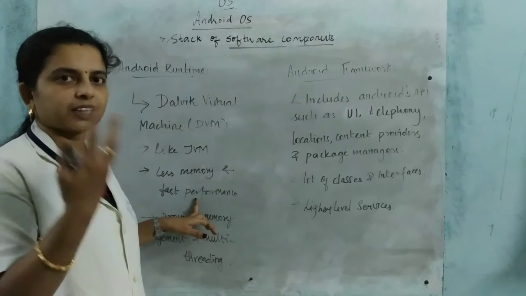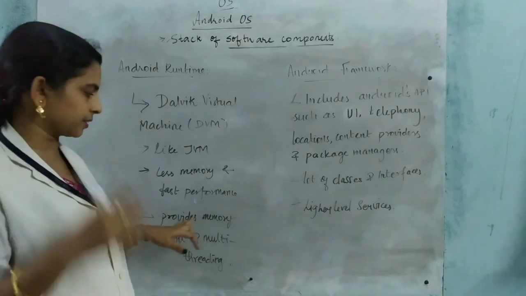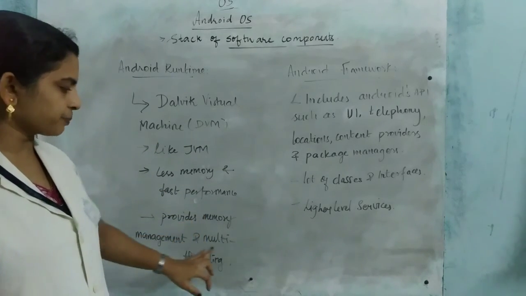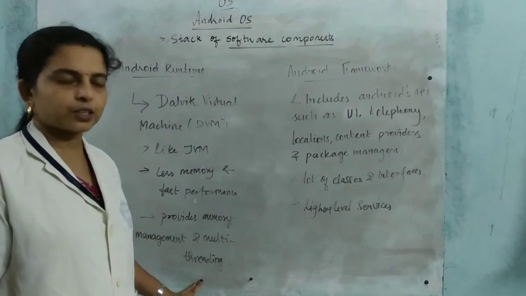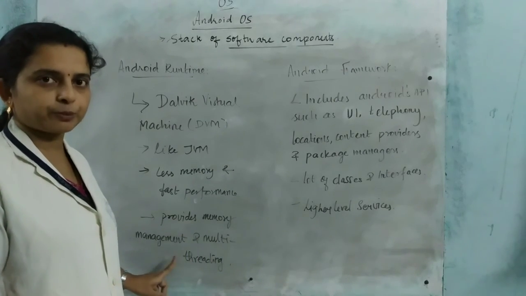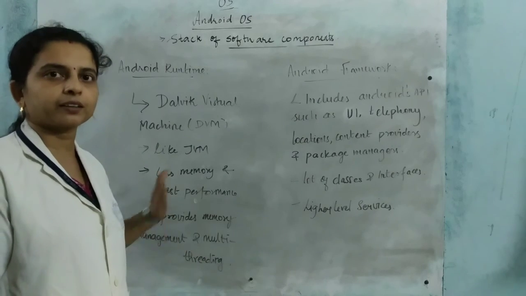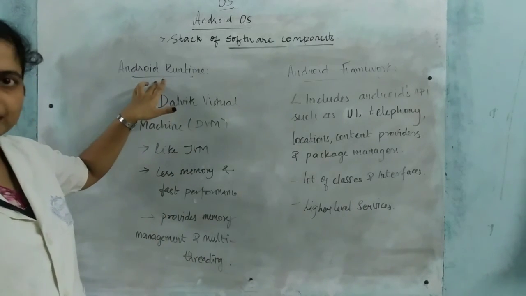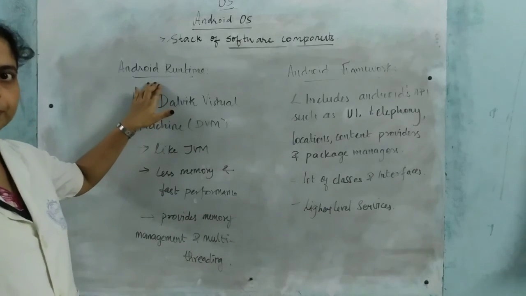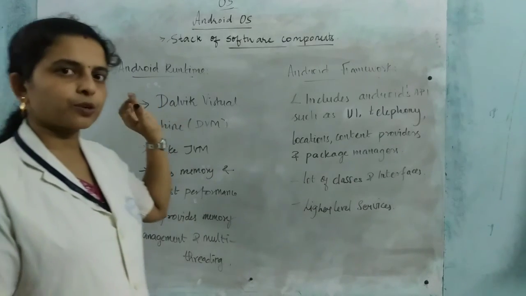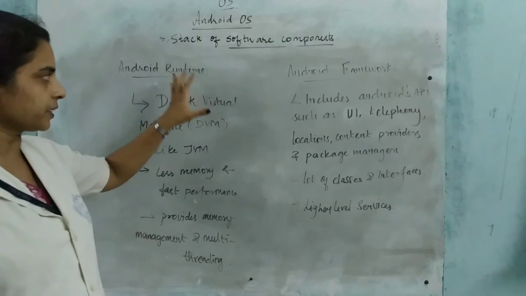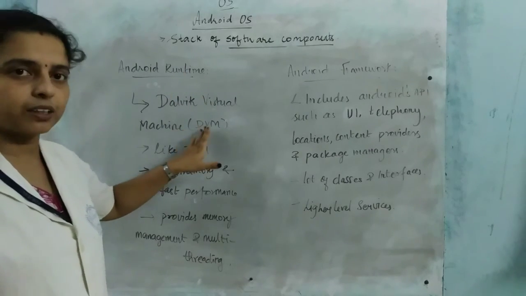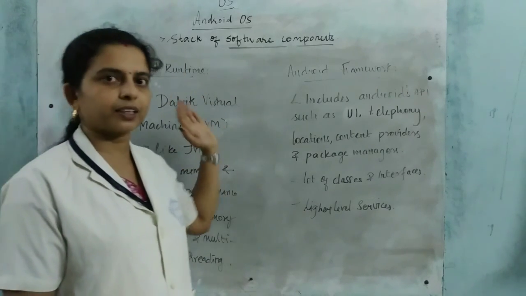When comparing to the JVM, here the performance is faster. Then it provides memory management and multi-threading. So you may all know memory management and multi-threading. At the same time, you can do so many processes. So these are the functionalities done by the Android runtime. So if you are coming under the concept of runtime, you have to remember the DVM, Dalvik virtual machine, similar to the JVM.